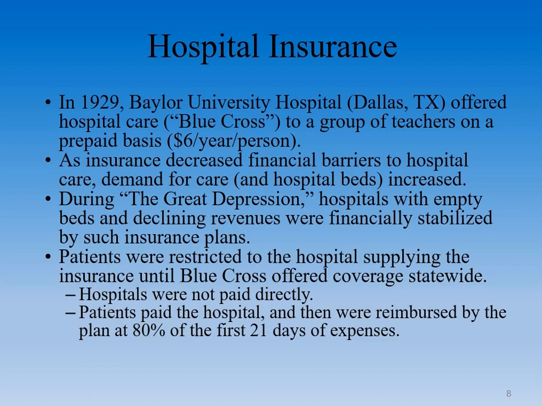During the Great Depression, hospitals with empty beds and declining revenues were financially stabilized by such insurance plans. Patients were restricted to the hospital supplying the insurance until Blue Cross offered coverage statewide. Hospitals were not paid directly, and patients paid the hospital and then were reimbursed by the plan at 80% of the first 21 days of expenses.